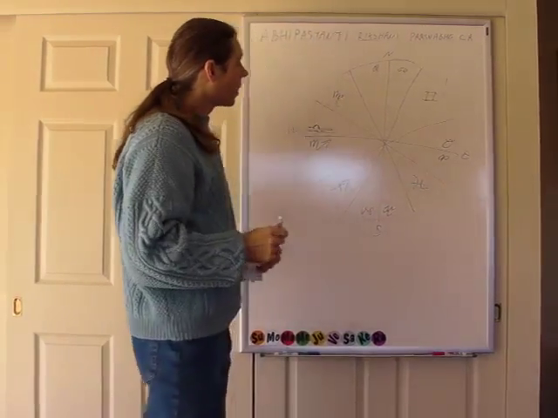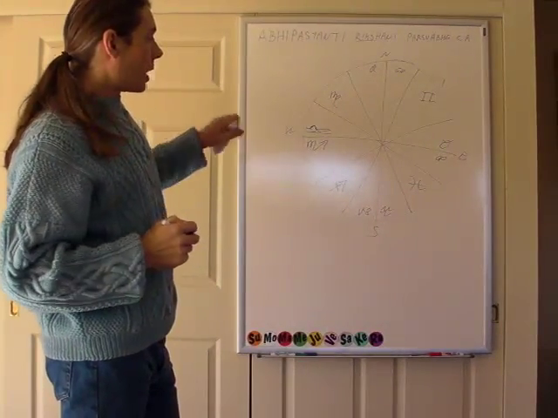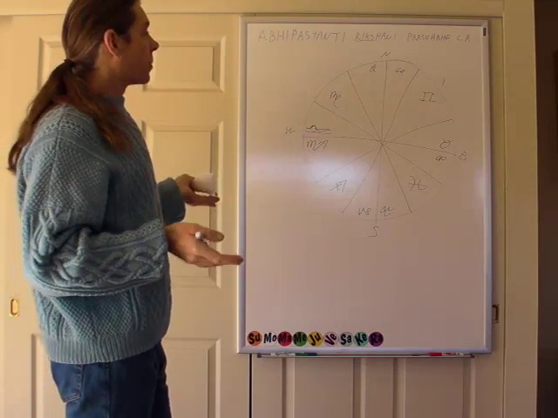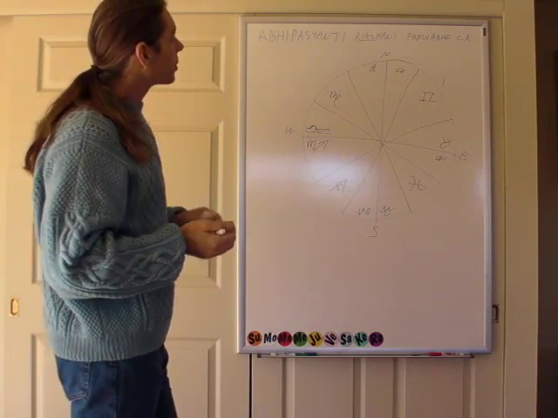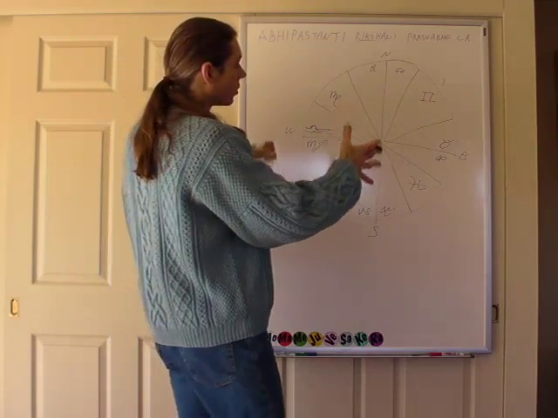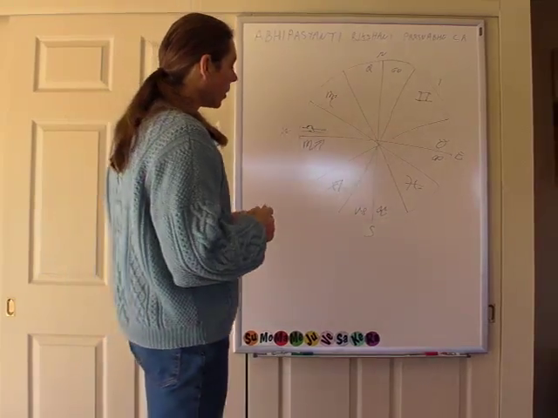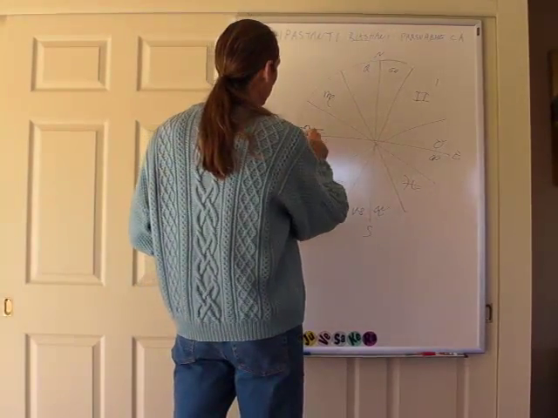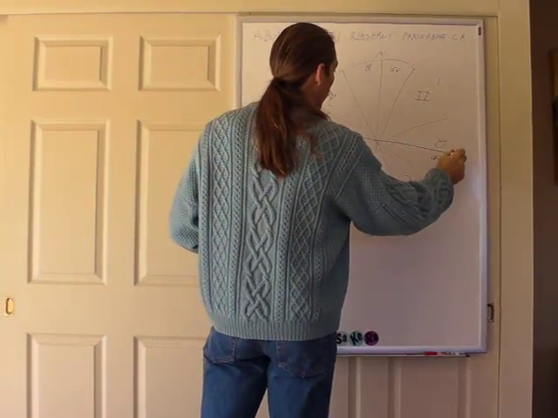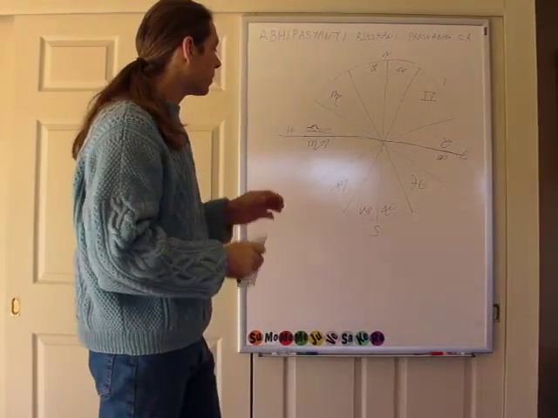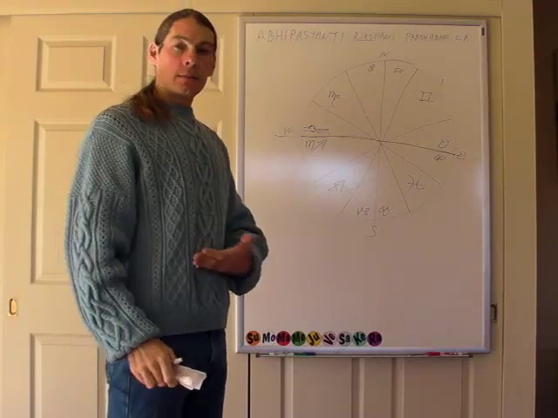Now, there's a lot to this diagram. This diagram explains astrology, why it works, because these directions are based on the chakras. Here we have this equinoctial axis type thing. This east-west line is your midsection.